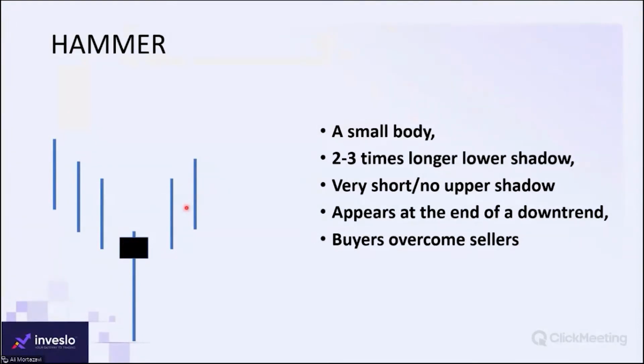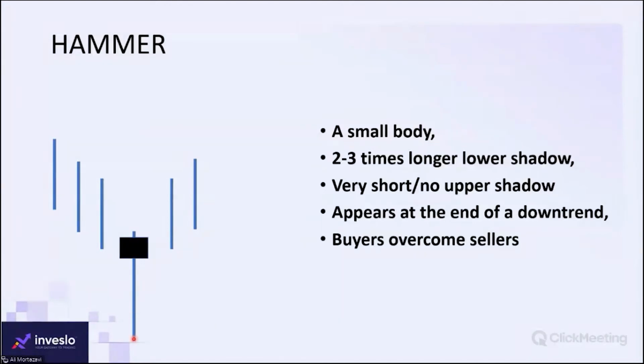The presence of a hammer at the end of a downtrend or decline alerts for a possible bullish reversal, and traders enter the market with long positions. This is the psychology behind the formation of the hammer. You see the sellers just continue to push prices lower in the direction of the prevailing trend, because this is a downward movement or downtrend, to form a lower shadow.